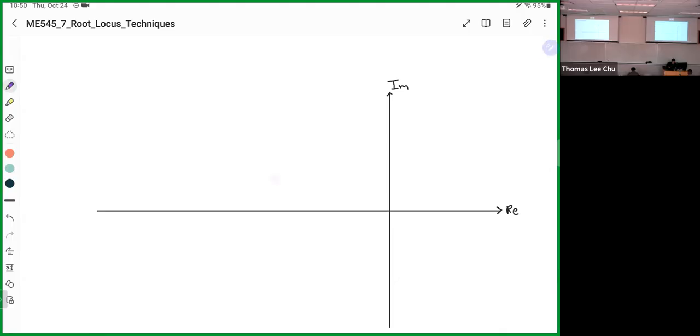Okay, I'm going to draw some random poles and zeros. So I'm going to have a pole right here, a pole right here, and maybe another pole here, another pole here, and then maybe a zero here and a zero here. I'm just going to draw a rough sketch of a root locus of this kind of system, and for now you just have to take my word that this is how it's going to look.